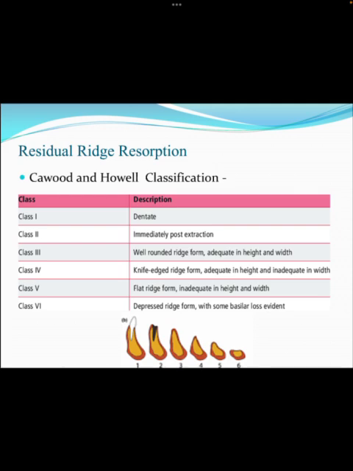After a longer time without any prosthodontic rehabilitation, it becomes class 4, a knife edge ridge form, and further class 5, a flat ridge form. The height of the ridge becomes much lower in class 6, a depressed ridge form.